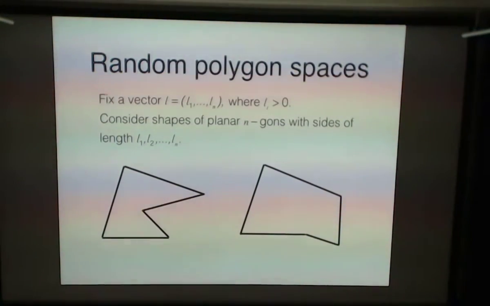Our objects are shapes of these n-gons. So the lengths are fixed, but the shape can vary. In this picture you can see two shapes: if you take this diagonal and reflect this triangle with respect to the diagonal, you get this shape. These are two shapes with the same sides. So our object now is a variety of shapes with fixed L.